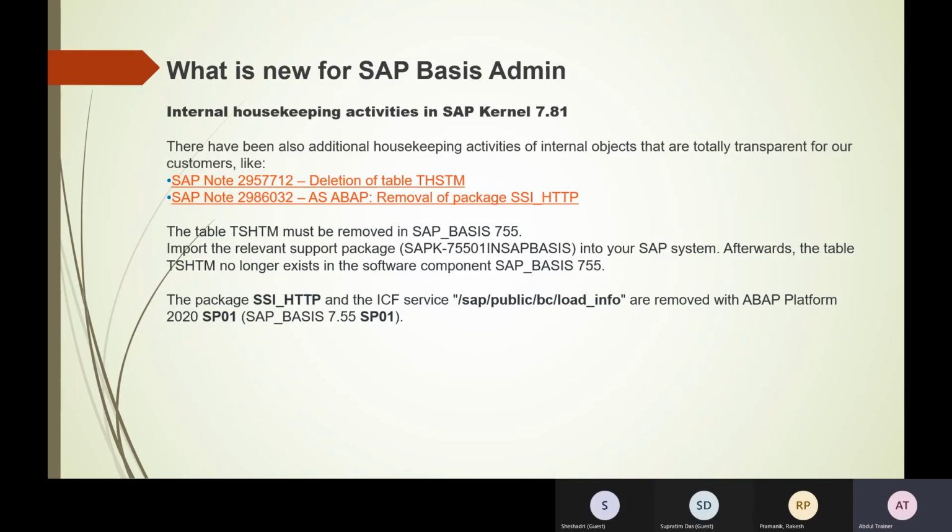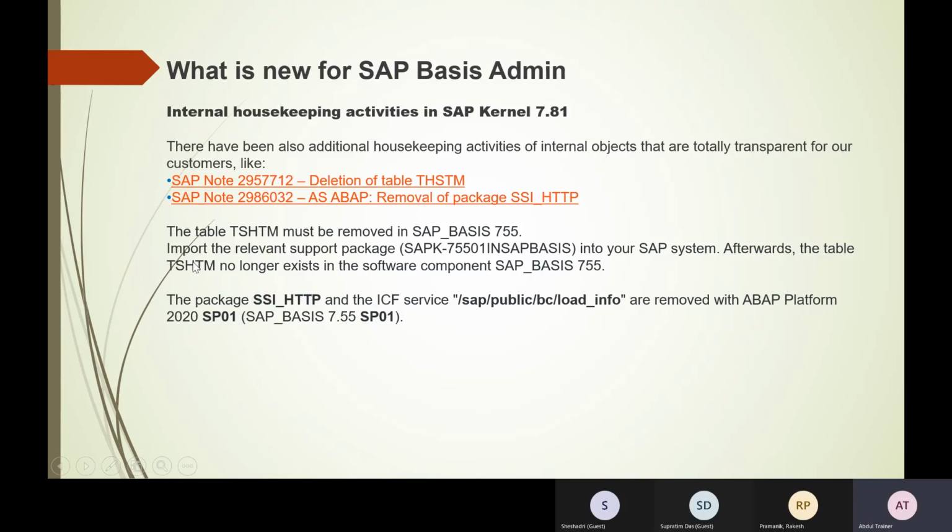If you have SAP Basis version 755, in patch level 01 this table is not there. So automatically the housekeeping will be done if you go with patch level 01 in SAP_BASIS 755.